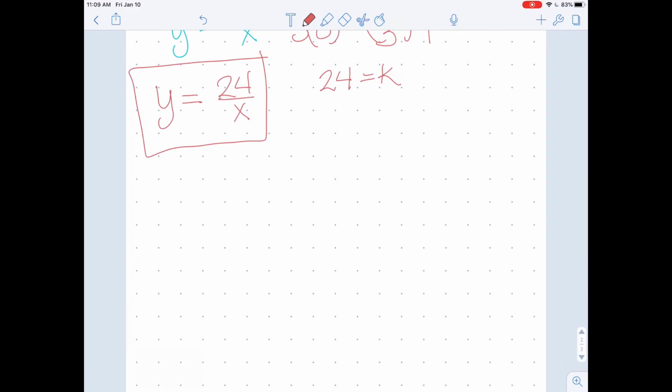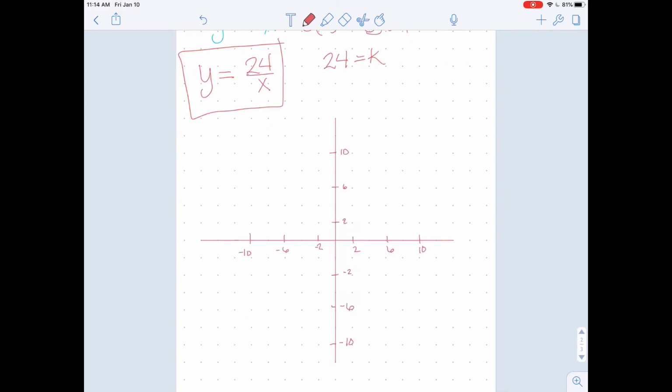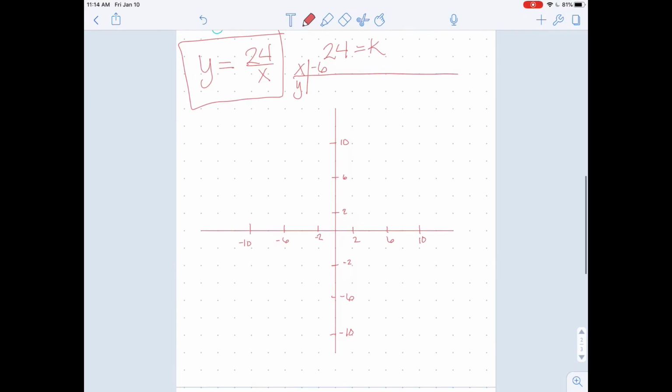So this is our equation, y equals 24 over x. Now we're just going to make a simple xy table to figure out a couple of points. Okay, so let's start in negative. If I have negative 6, 24 divided by negative 6 is negative 4.